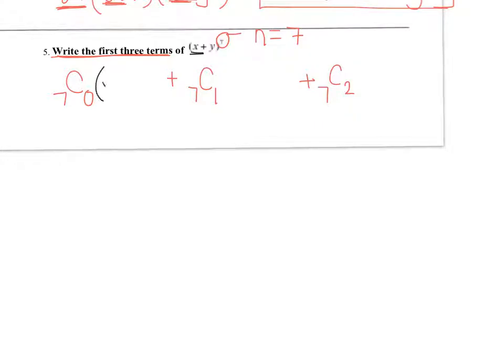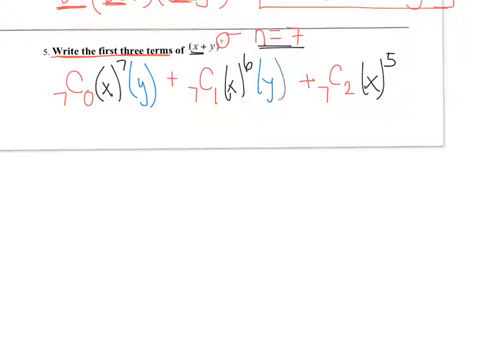So in this case, it's x. Remember, a starts at whatever your exponent is, 7, and it goes down by 1. Then you've got your b value, which in this case is y. And it starts at 0, and it goes up by 1.